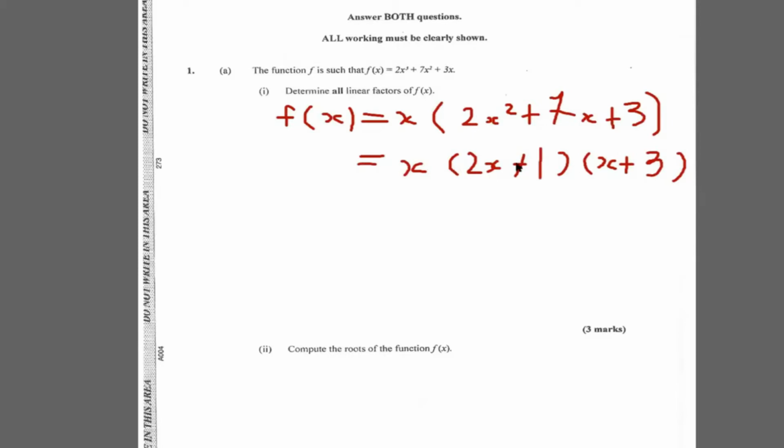So these are the 3 linear factors. It says determine all linear factors of f of x. These are it. You can go further and just conclude by listing them out. All the linear factors are x minus 0, that's one linear factor.